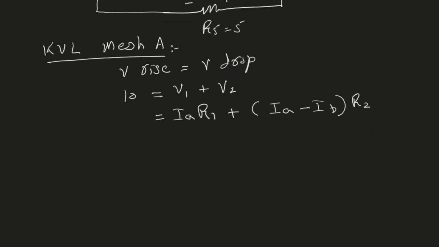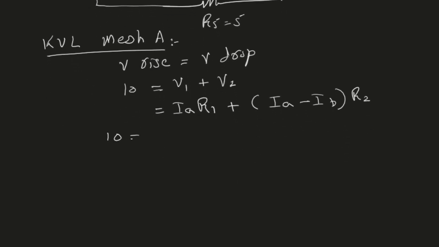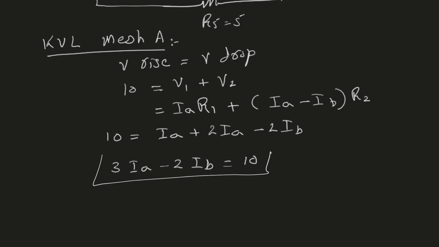Now let's simplify this a little further. We have 10 equals, R1 is 1 ohm, so I have IA, plus R2 is 2 ohms, so I have 2IA minus 2IB. Therefore, this equation can now be written as 3IA minus 2IB equals 10. This is my first equation from mesh 1.